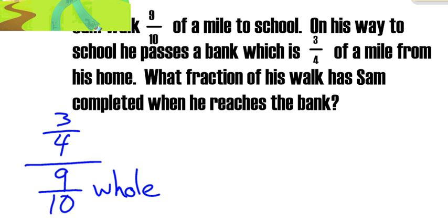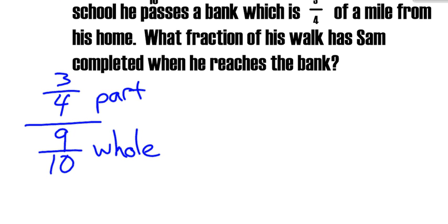That's where he got to the bank. So this is part of the distance that he's covered. And so what we've really created here is what is known as a compound fraction, right? A fraction over a fraction. And of course, a fraction over a fraction really is saying this: I want to divide 3/4 by 9/10.